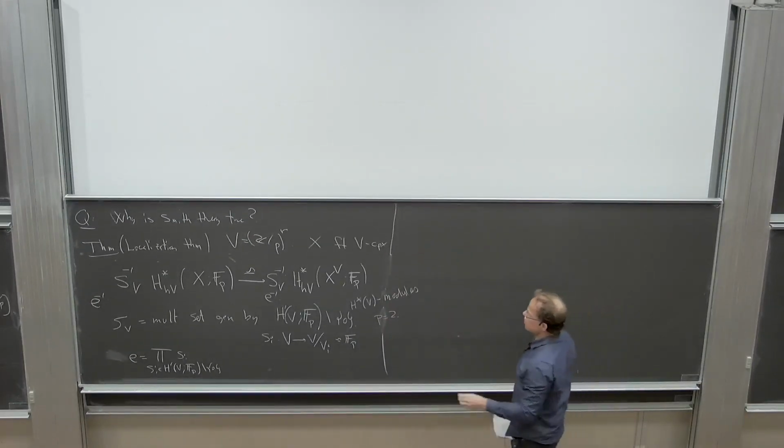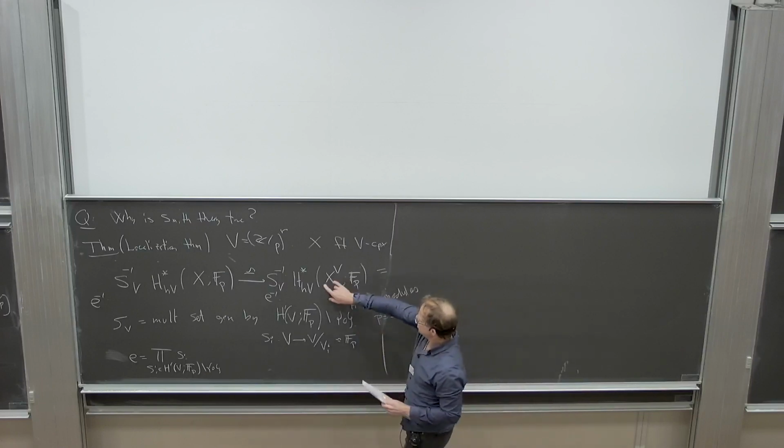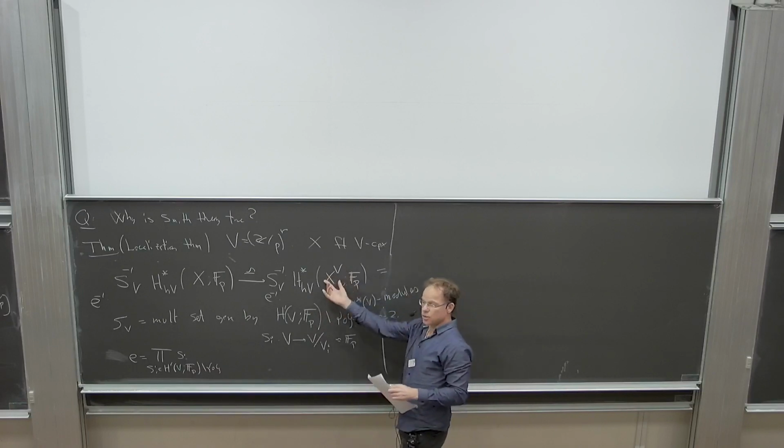And of course, what does it say here? It says here we take the Borel equivariant cohomology, but the action here is trivial.